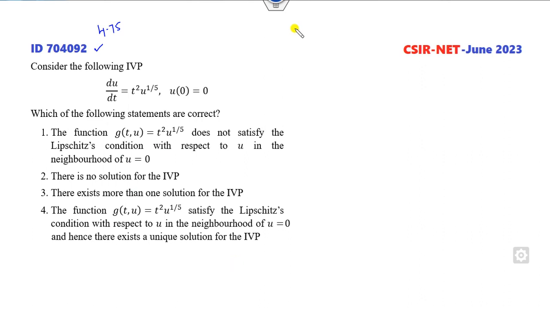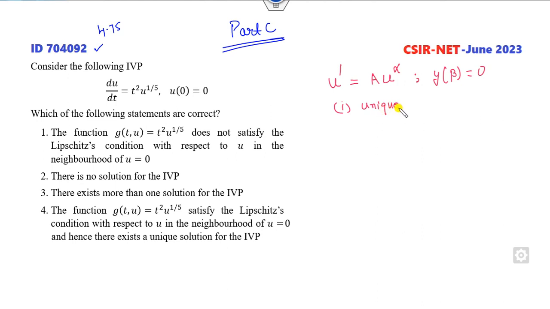Now look at this, it is part C. And this shortcut trick I already told you many times. Whenever you have the differential equation of the form u dash is u of alpha, where u(0) is beta, remember, this solution has a unique solution or infinitely many solutions.